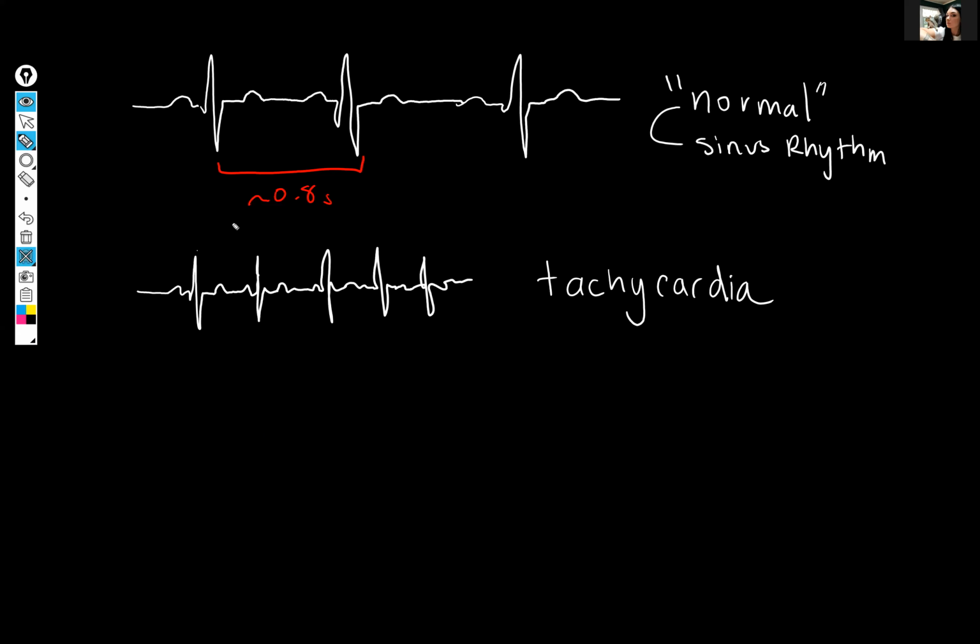So a bunch of different things can cause this. Common ones are electrolyte imbalance. Your heart cells, to depolarize and contract, rely extra heavily on extracellular calcium.